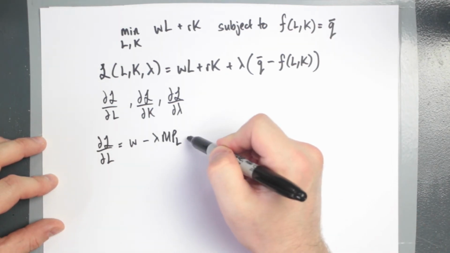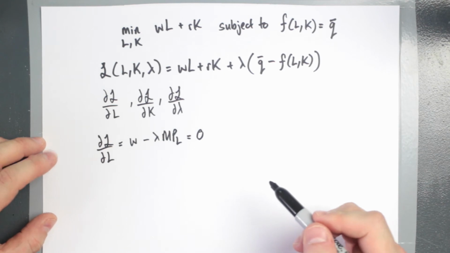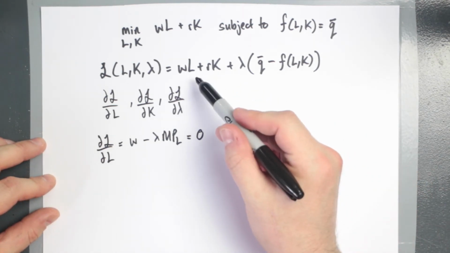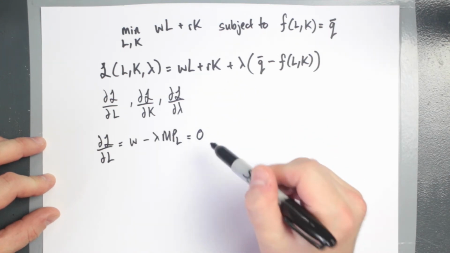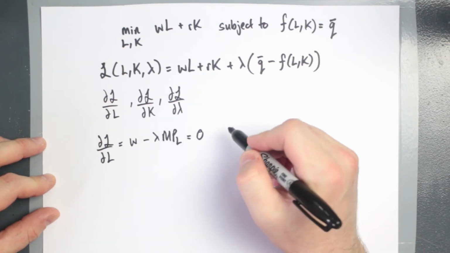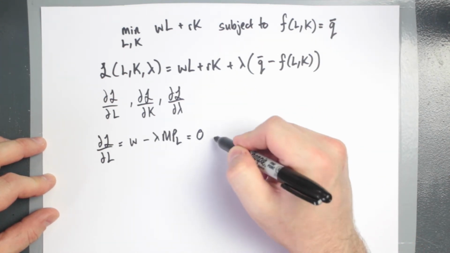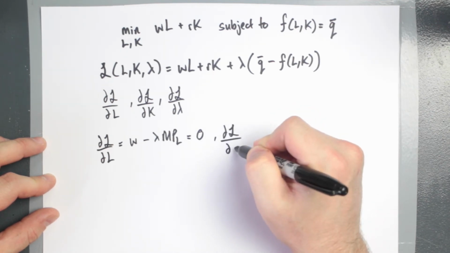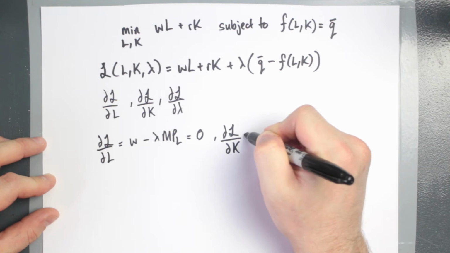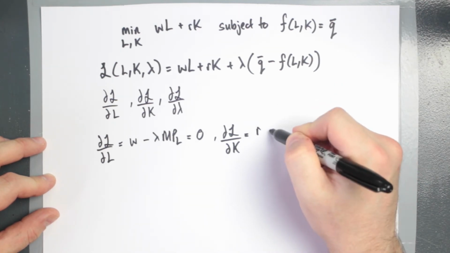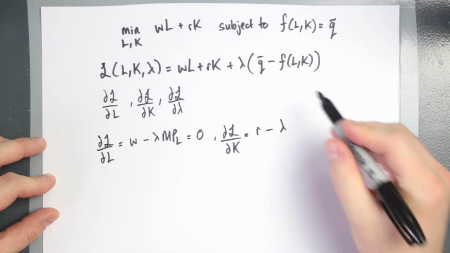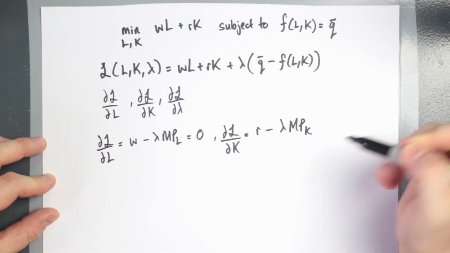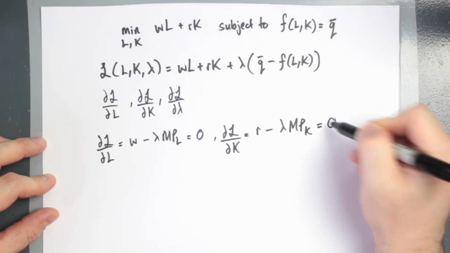And we want this to equal 0. It doesn't always equal 0, but when we've solved our problem, we've chosen the particular L star, K star, and lambda star, then this will equal 0. So 0 at the solution. The next condition would be if I differentiate the Lagrangian with respect to capital, I would get R minus lambda times the marginal product of capital, and at the solution, this would equal 0.